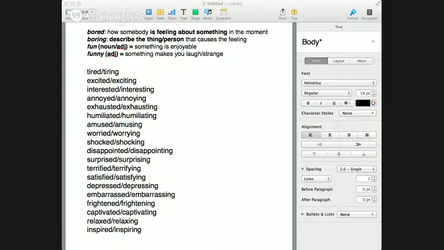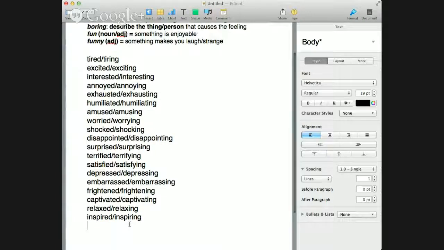Inspiring is something that motivates you to do something, for example, the Dalai Lama inspires you to be a nice person. Great, and you just gave us another one. Well done. Motivated or motivating. If something motivates you, it's inspiring. Great example.